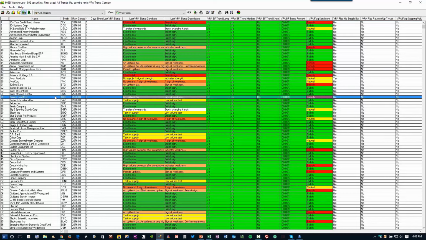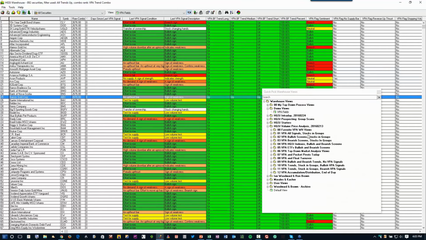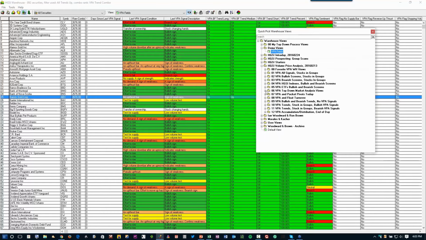Now, by the way, you'll see that all of these trends are up. This is a view that you actually have now. It's VPA trends. Let's see, they're down here, and I've got too much stuff in here. I need to clean some of this stuff out.